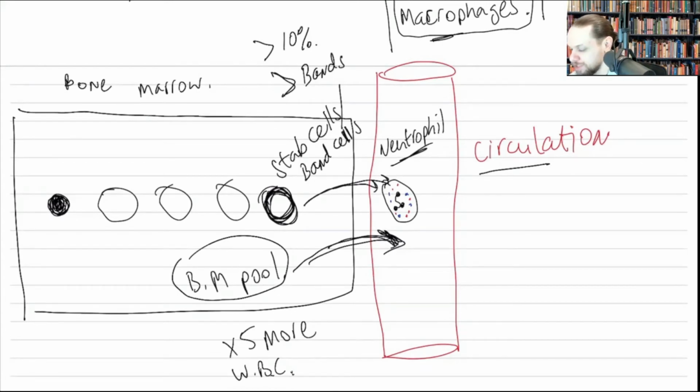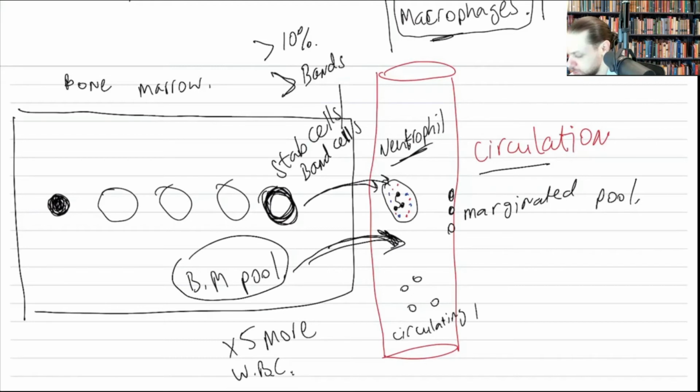These neutrophils that are in the blood could adhere to the vessel walls. Those that are adherent, we call the marginated pool. And those that are freely circulating in your blood, we call the circulating pool. The moment the bone marrow pool dumps these into the circulation, we basically have an elevated circulating pool of these specific white blood cells, depending on what they dump.